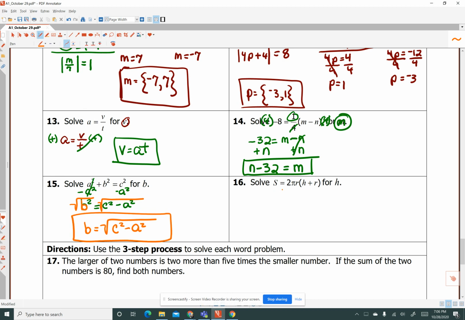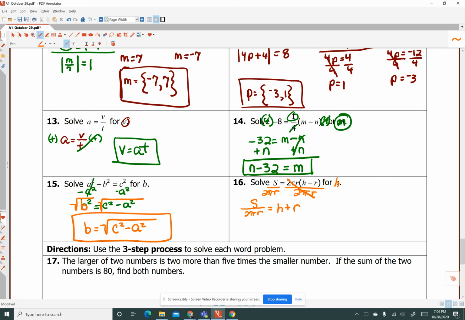Now we're solving S equals 2 pi r times the quantity of h plus r for h. So the first thing I would do with this is divide both sides of this equation by 2 pi r. So now on the left side I have capital S divided by 2 pi r equals h plus r.